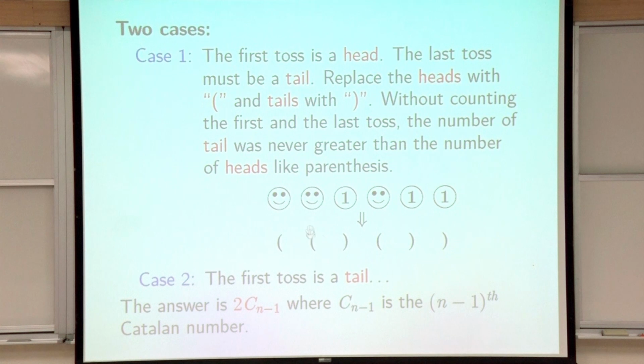During the process, if we remove the first toss and the next toss, the number of tails cannot be greater than the number of heads, or else at some point in the middle the number of heads and tails would be equal.